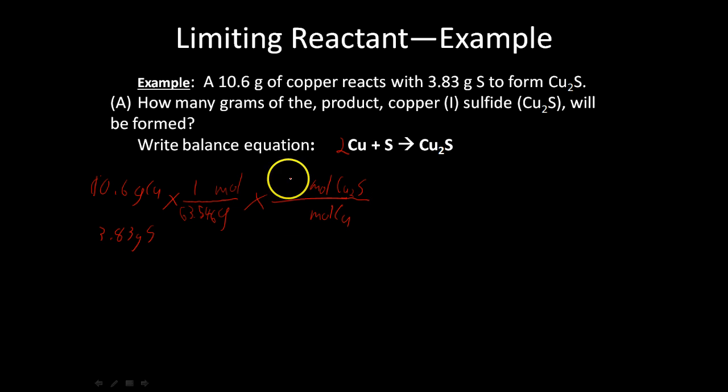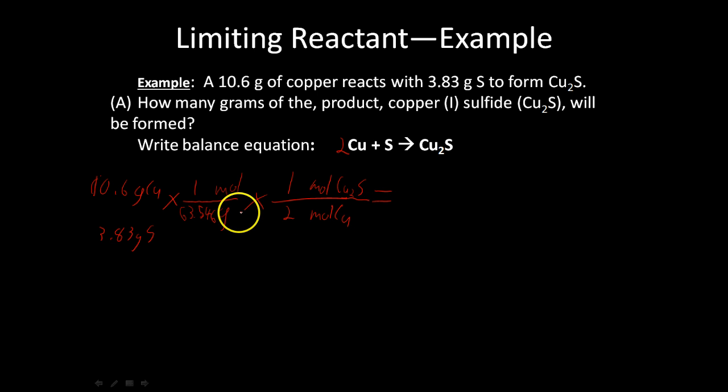Now what are the numbers that we want here? Well, we get that again from the balanced chemical equation. Remember, when you're converting from moles of one thing to moles of another thing, you have to use the balanced chemical equation. So we see that for every 2 moles of copper, we're getting 1 mole of copper 1 sulfide, and that will give us the number of moles of copper 1 sulfide.